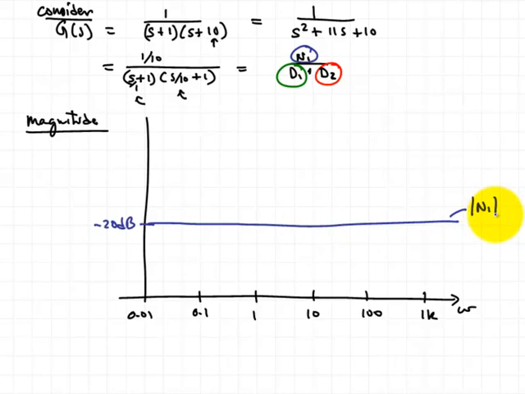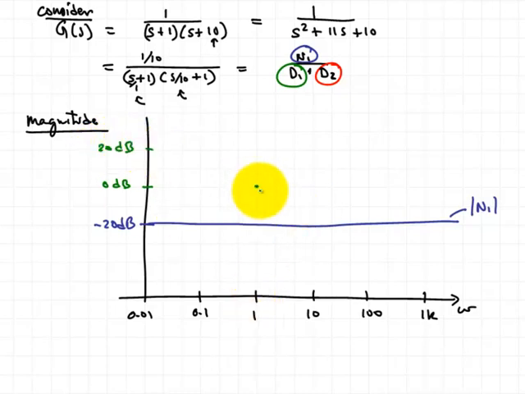Then we have the term D1, and that is S over 1 plus 1. And so at omega equal to 1, it would be our break point. And let's see here, we'll say this is 0 dB. This is 20 dB.